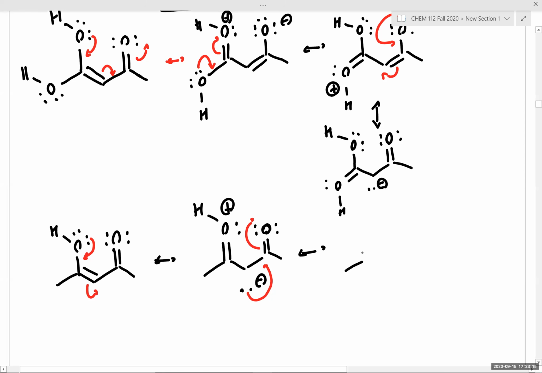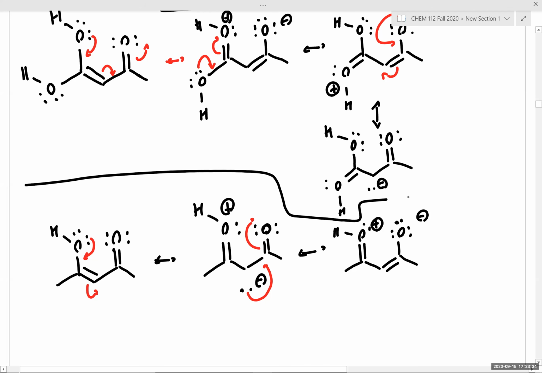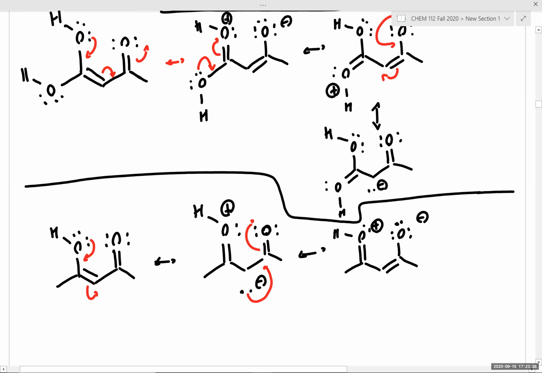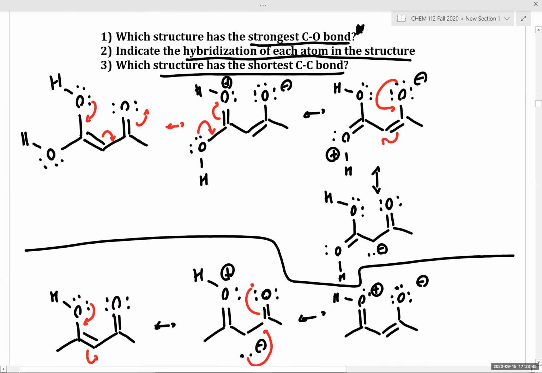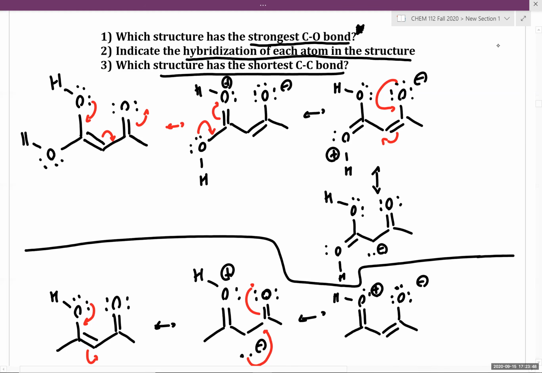Okay, now with this information established, we can then start to draw some conclusions about our overall bond order, and we can begin to answer each of these questions. So the first question that we have is the carbon-oxygen bond order, okay?